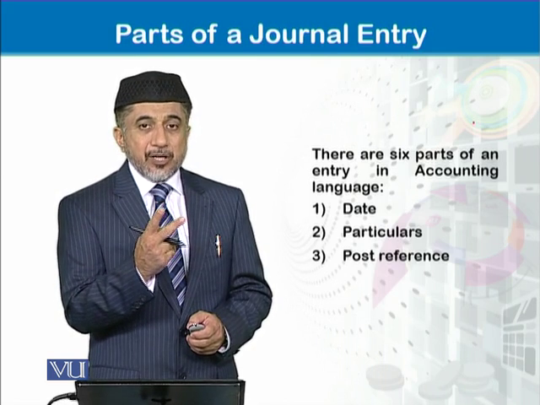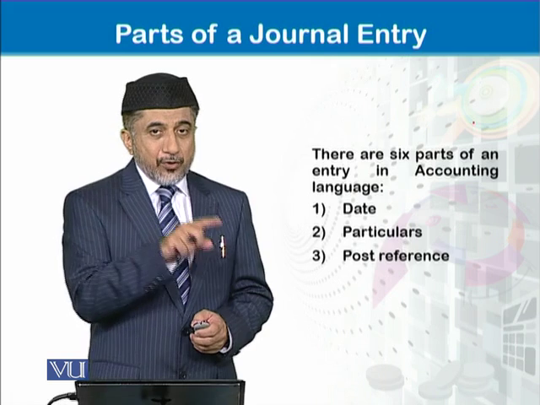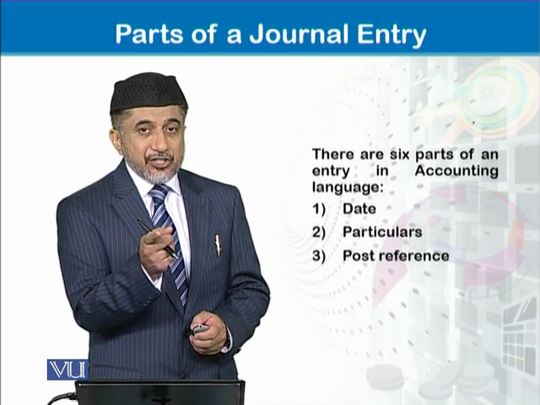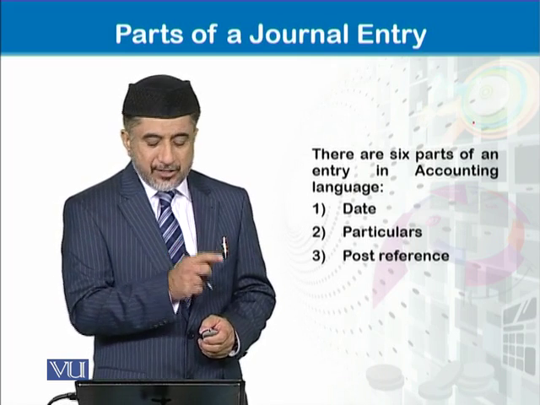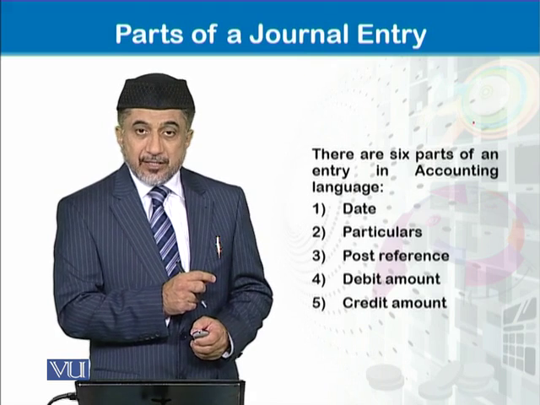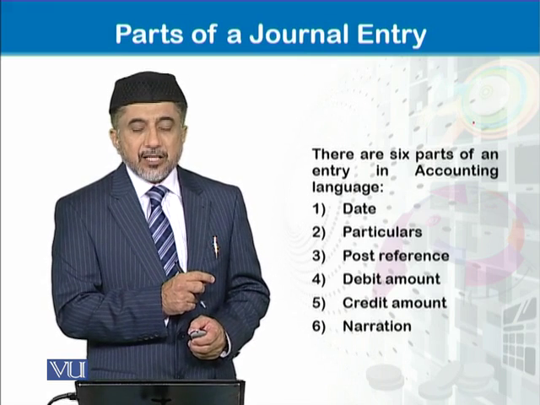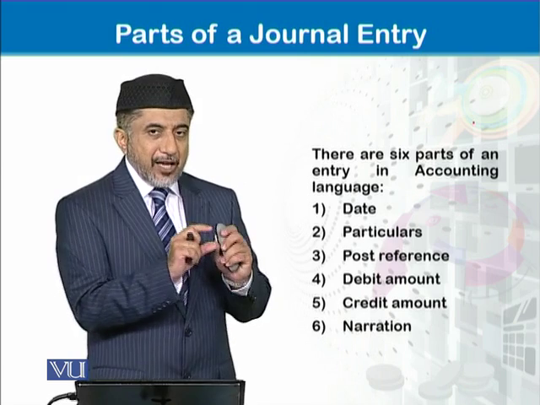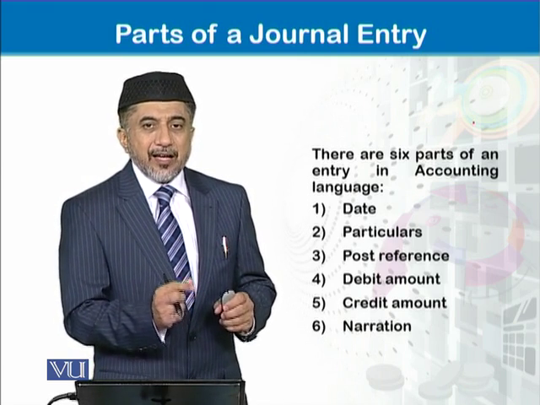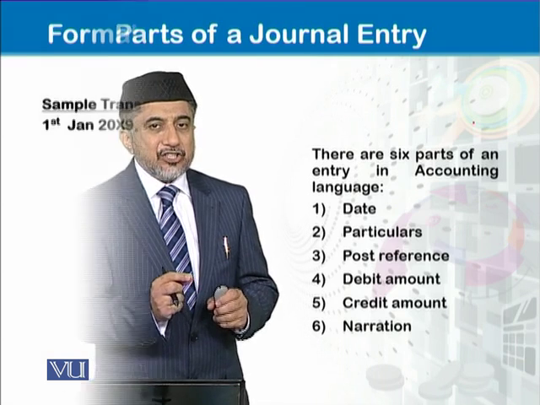They are two separate books of accounts. So from the journal we put transactions in the ledger. Then debit amount, and then credit amount, and then the sixth part is narration. We have to describe what we have recorded in our journal.